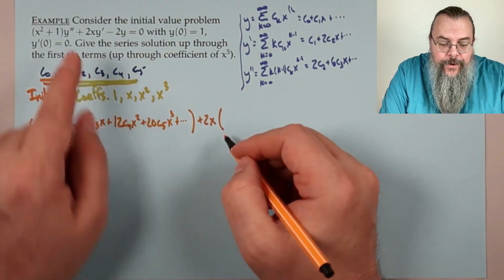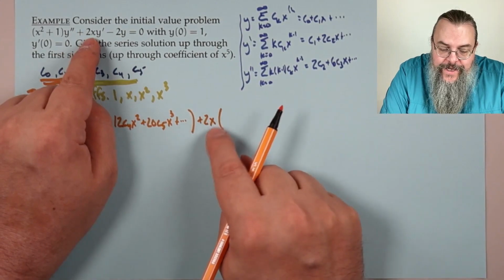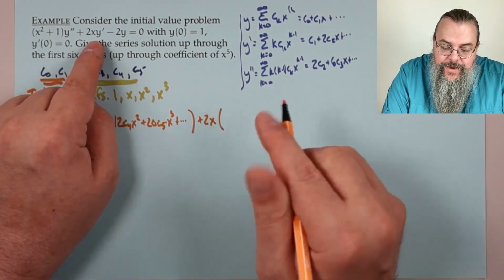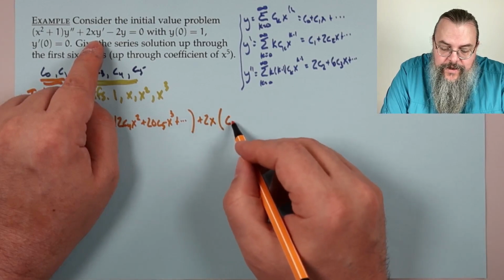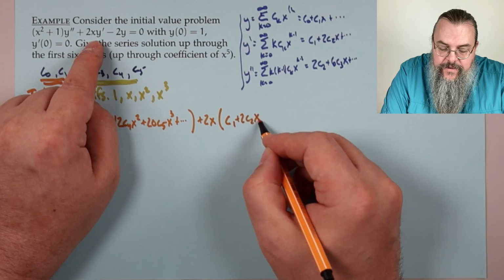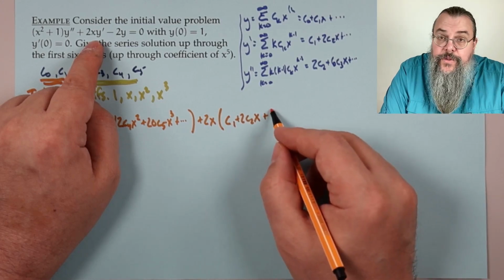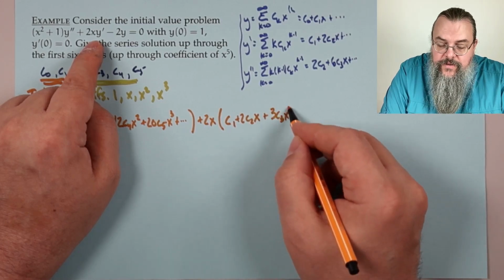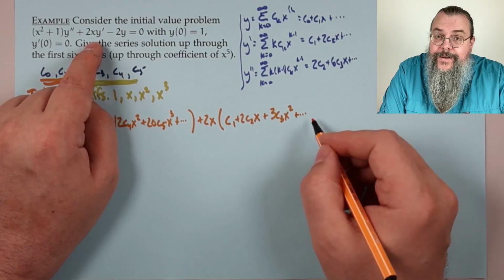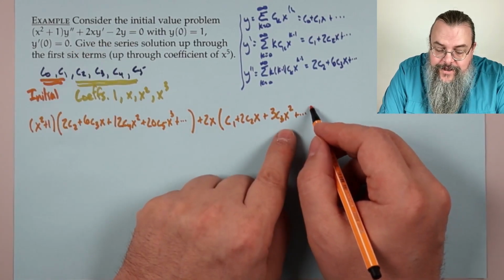Plus 2x. Now, remember, there's already an x here, so how far do we need to go? Well, we're going to be multiplying by x, so we need c1 plus 2c2x. The next term would be 3c3x squared, and dot, dot, dot. Why can we do dot, dot, dot here?